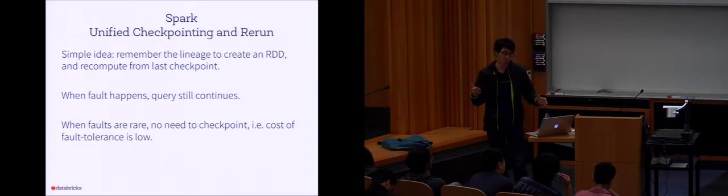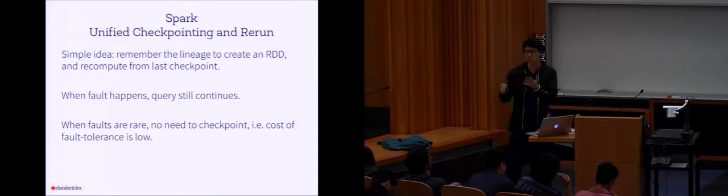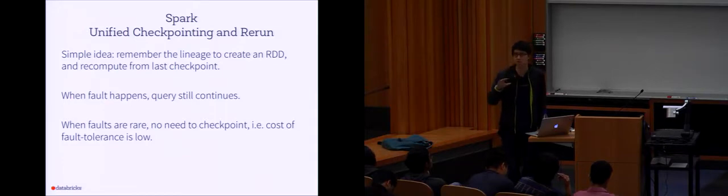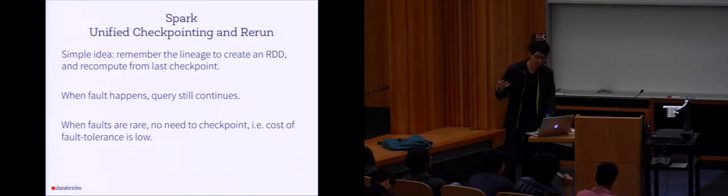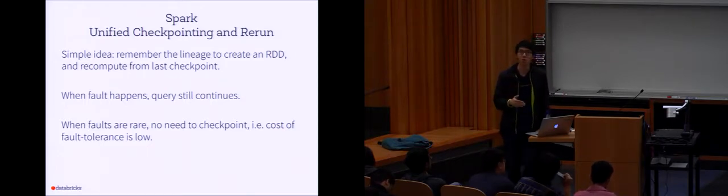When a fault happens, you just go back and rerun. When faults are rare, essentially you never checkpoint, so there's no cost of doing that checkpointing. But if faults are frequent, you employ checkpointing, and then you actually go back to the MR model, which is slower, but you can always complete.